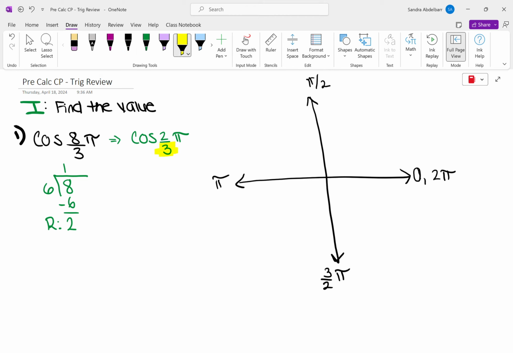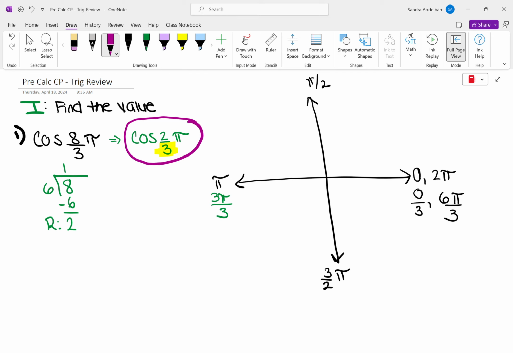So my denominator is 3, so I want to make all of these 3. So this is going to be 0 over 3, 6 pi over 3. Can I change a 2 into a 3? No, so I leave pi over 2. I will change pi into 3 pi over 3, and I can't change 3/2 pi, so I leave it.